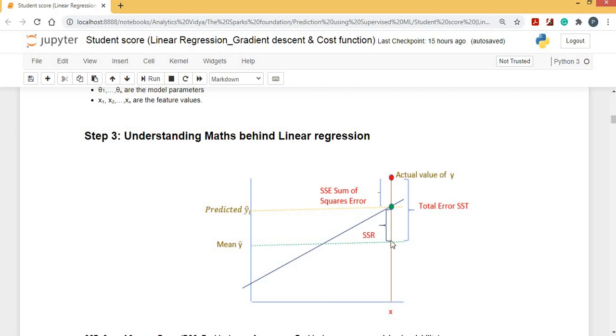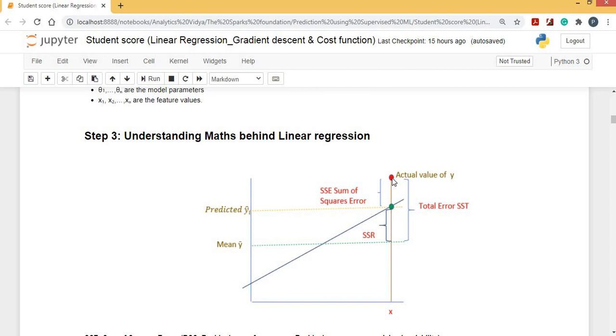Now the distance of all the points from this mean is called SSR. Simply right now understand the terminologies. I'll be explaining all of them. This is called SSR, the distance from the mean to the predicted y.